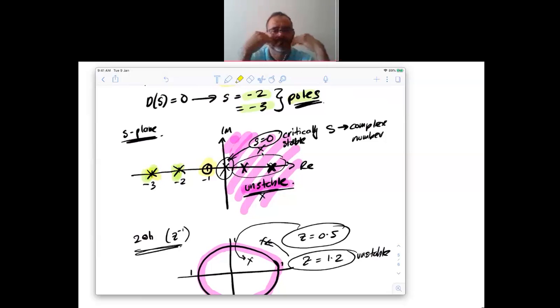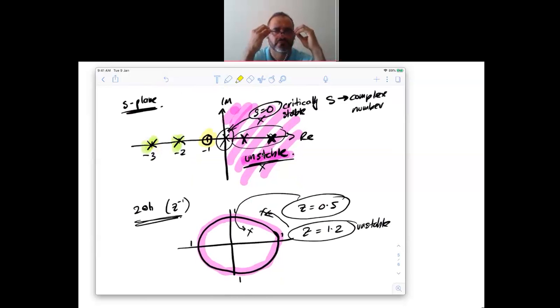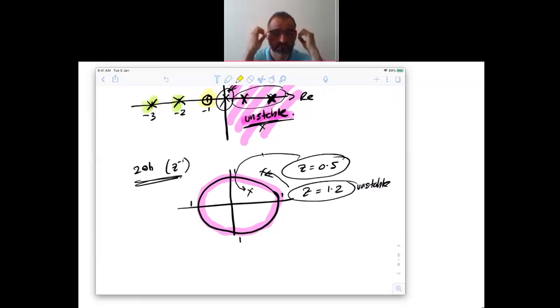And in fact, for the z-domain, z minus 1 domain, your poles must be within the unit circle. Otherwise, your system is unstable. This is how we define whether a system is stable or not.